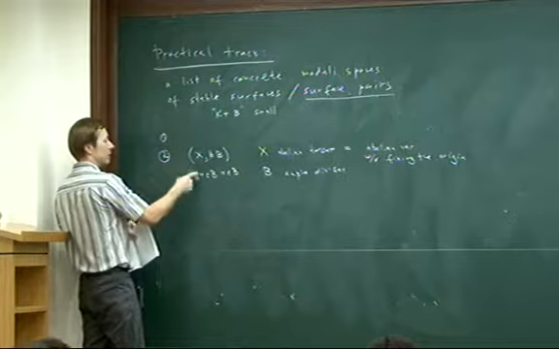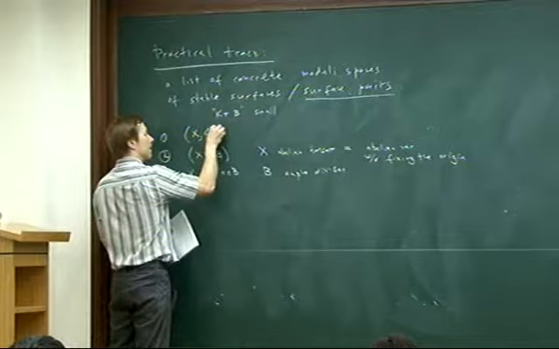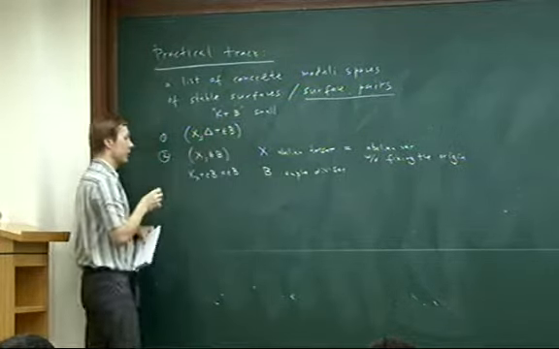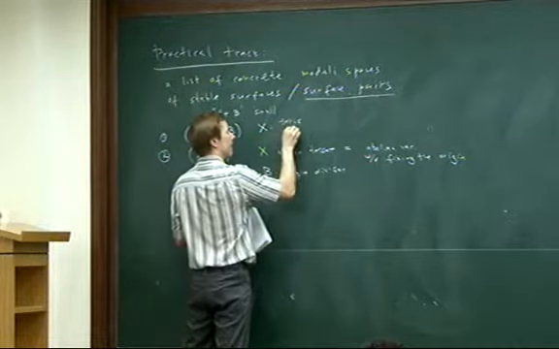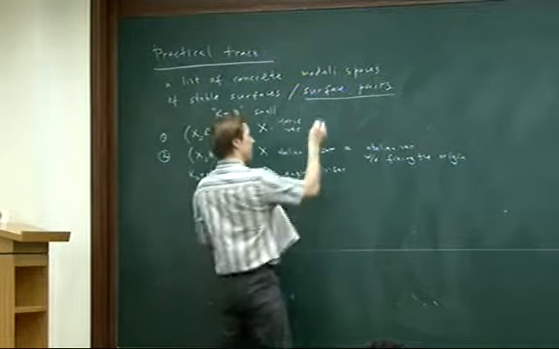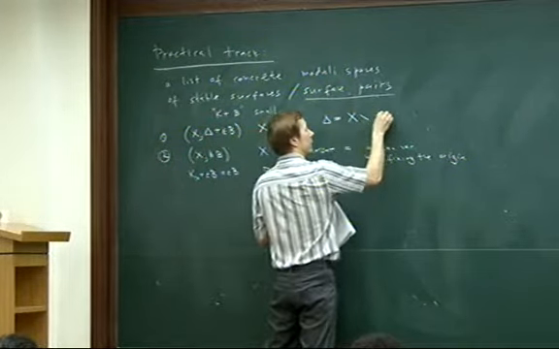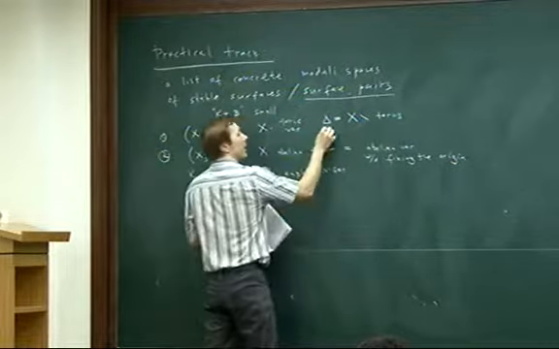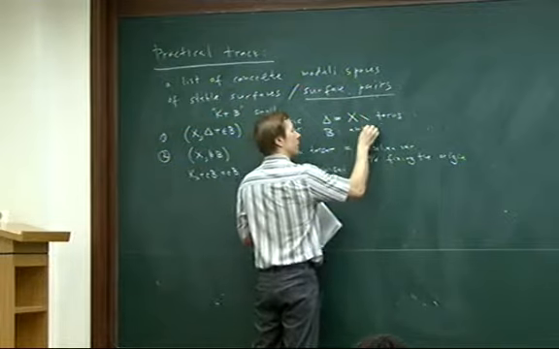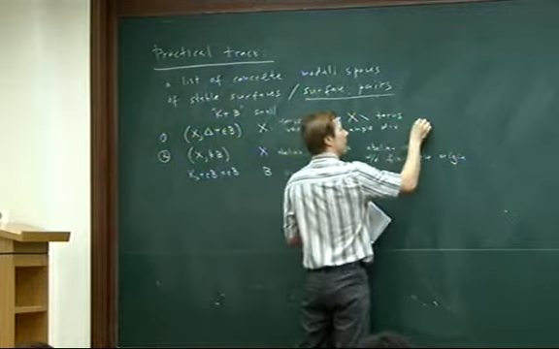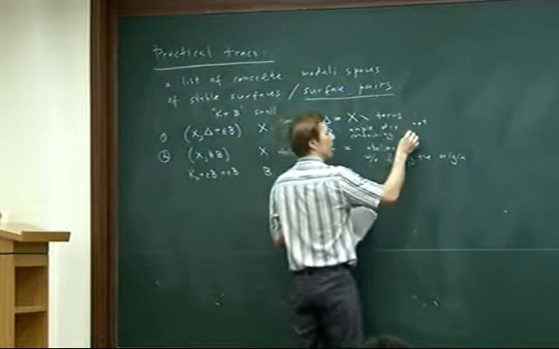The first case, which is a precursor to this, is pairs like this, where X is a toric variety, and delta is the complement of the torus, and B is an ample divisor not containing any orbits.